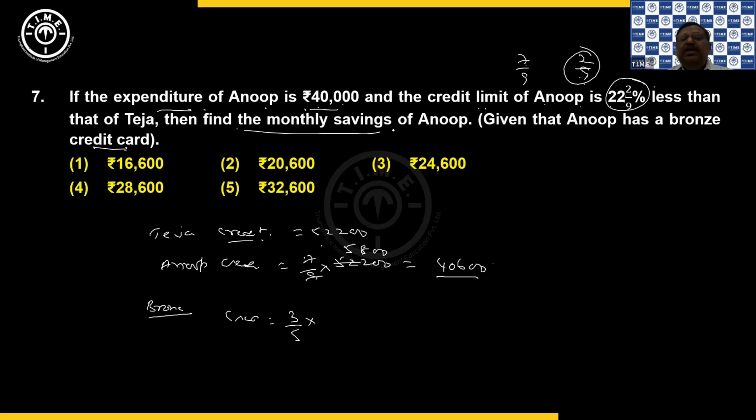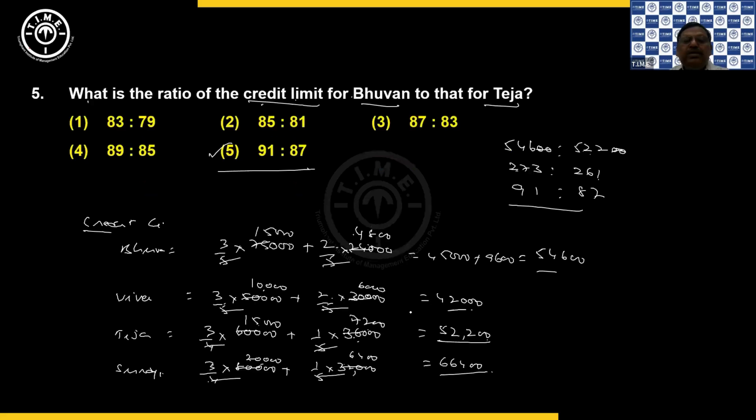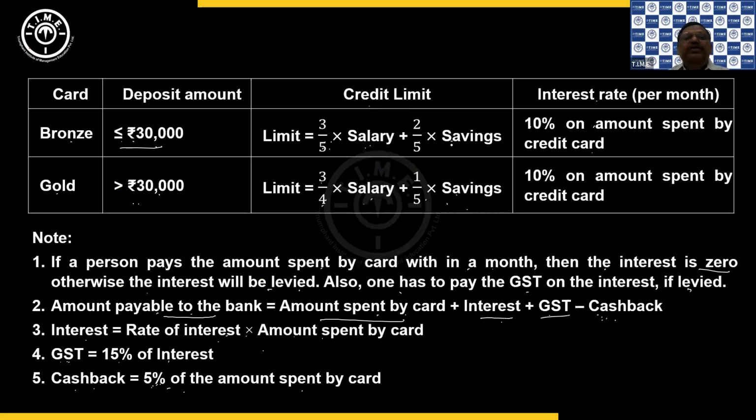Rather, we need the monthly savings of Anup. Let the savings be X. Then expenditure is 40,000, savings is X, so total salary is 40,000 plus X. The credit limit is 3/5 of the salary plus 2/5 of the savings.